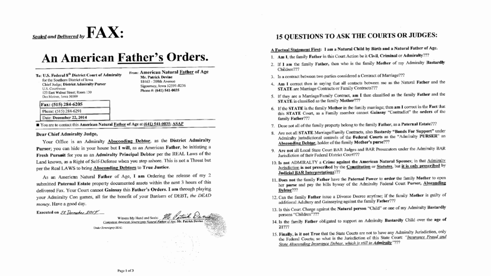Sixth question. If the state is the family mother in the family marriage, then am I correct in the fact that this state court, as a family member, cannot gainsay (contradict) the orders of the family father? Gainsay is to contradict.